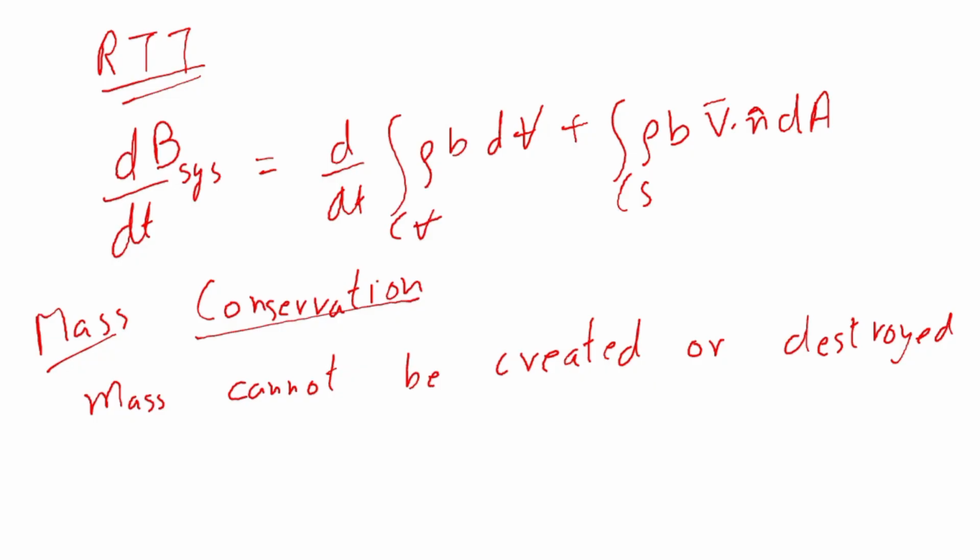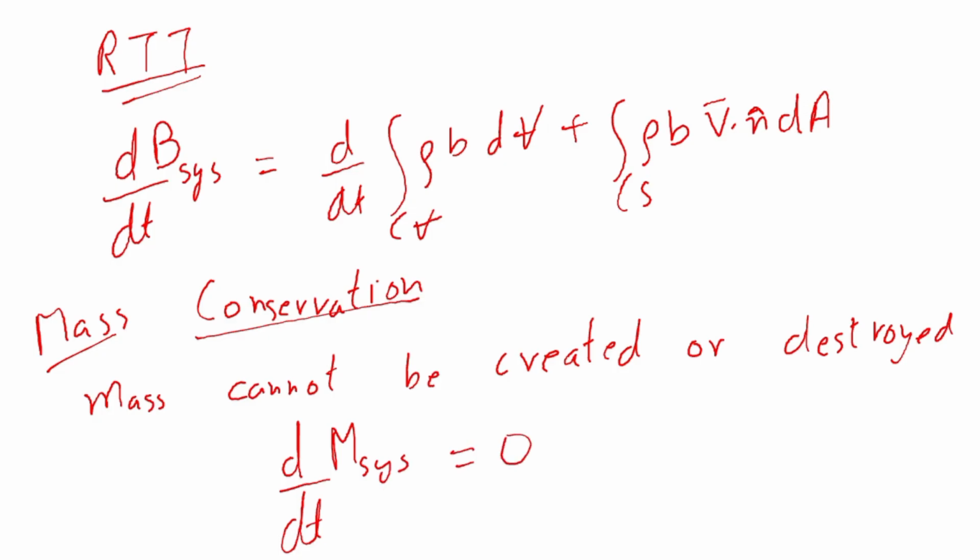So essentially, if you're trying to write this mass conservation in a mathematical form, all it is saying is that the time rate of change of the total mass of a system is going to be 0.